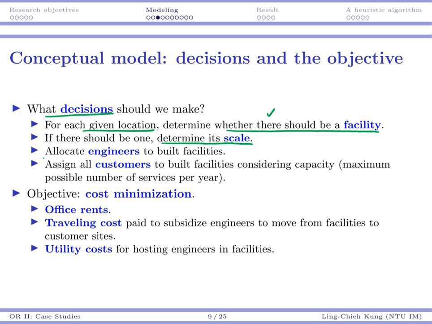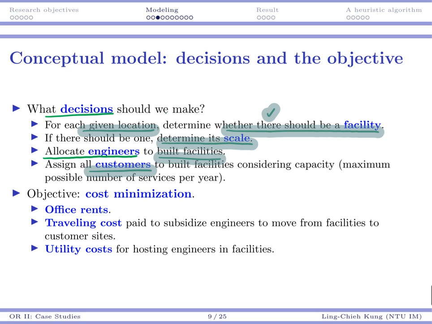And then we need to allocate engineers to build facilities. So if you have a facility that has been built, you may send engineers there. And then finally, for each customer, you need to assign a customer to one facility that has been built. Okay?